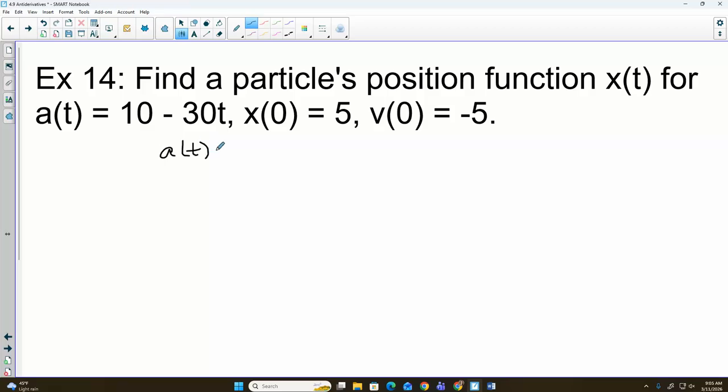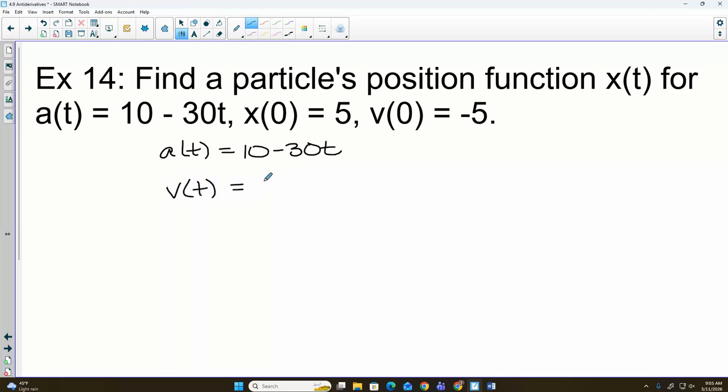So we have our acceleration. How do I get to position from here? The antiderivative. So when I do the antiderivative of acceleration, what's that going to give me? Velocity.